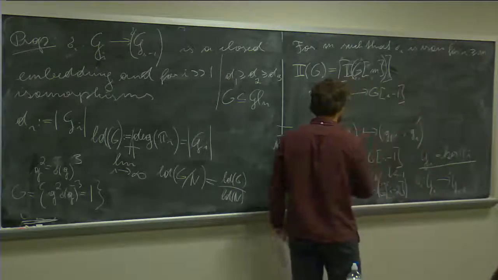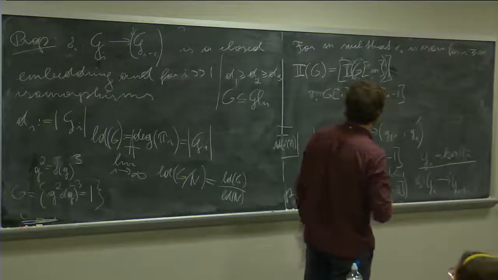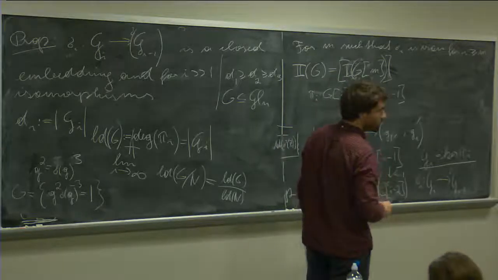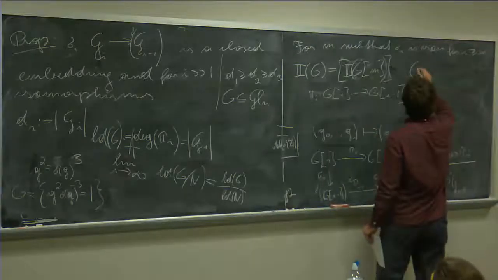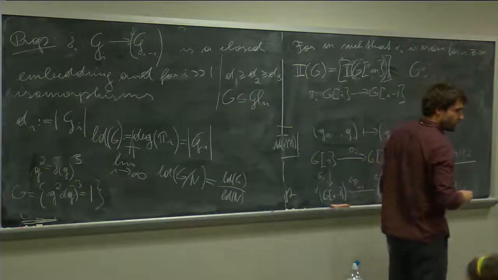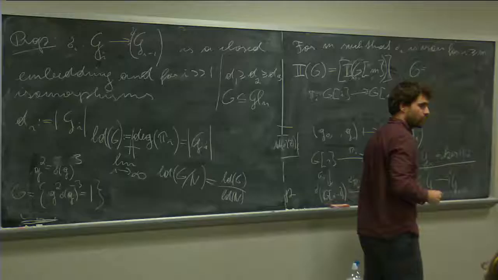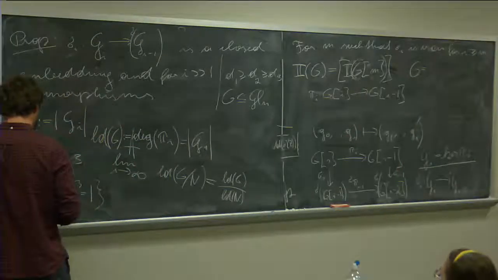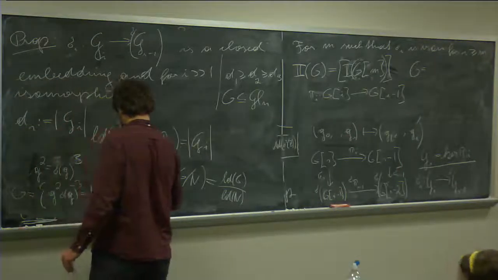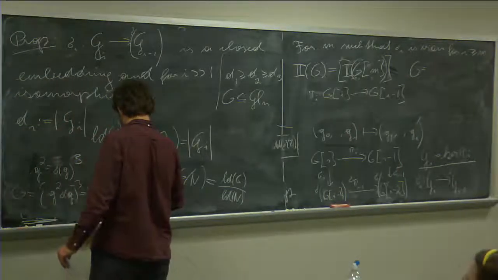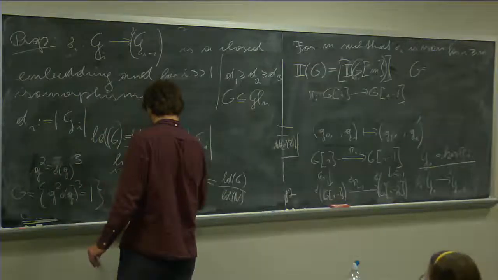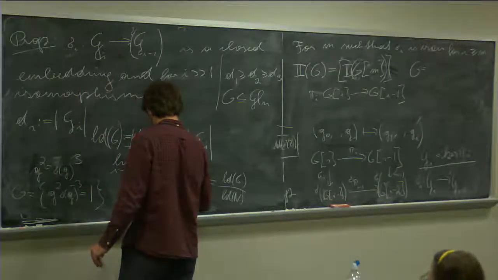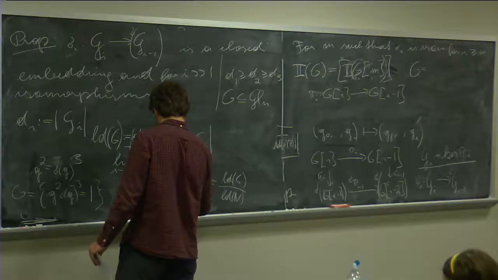Now suppose the equation that defines capital G does not involve G itself. Say, take sigma squared of G equal to sigma squared of G cubed. So sigma of G squared equals sigma of G, sigma squared of G cubed. Everything cubed.